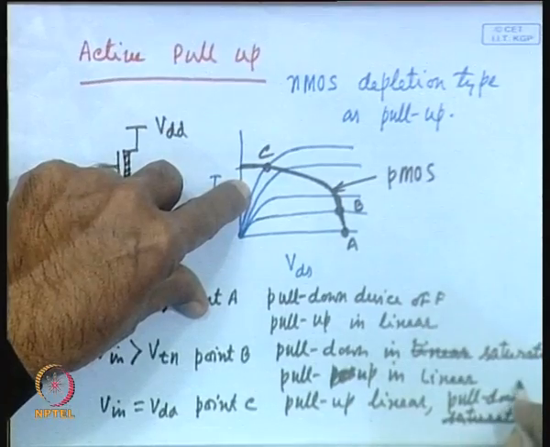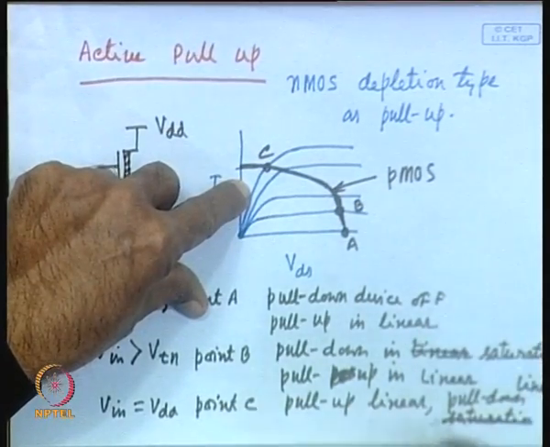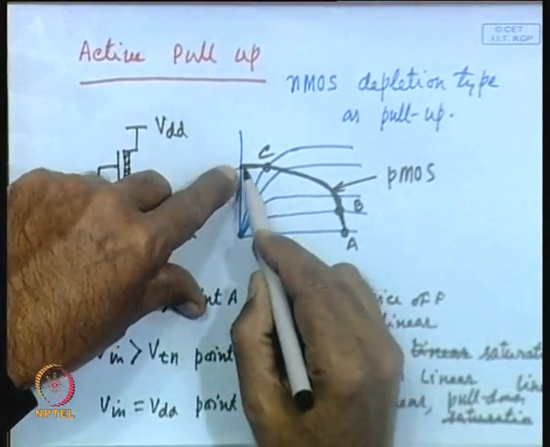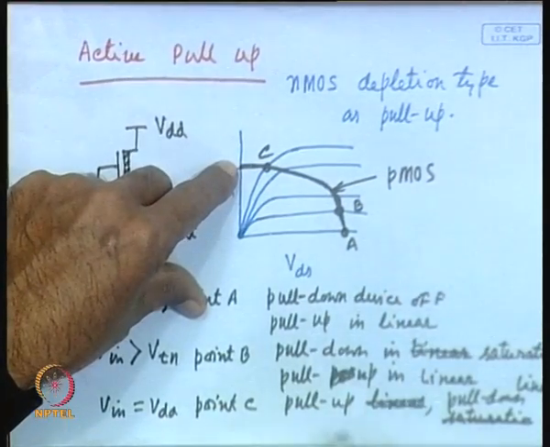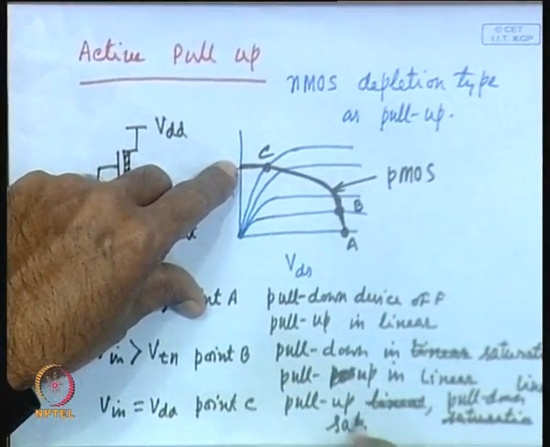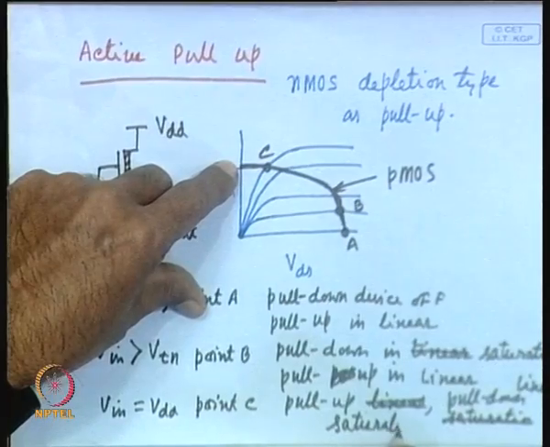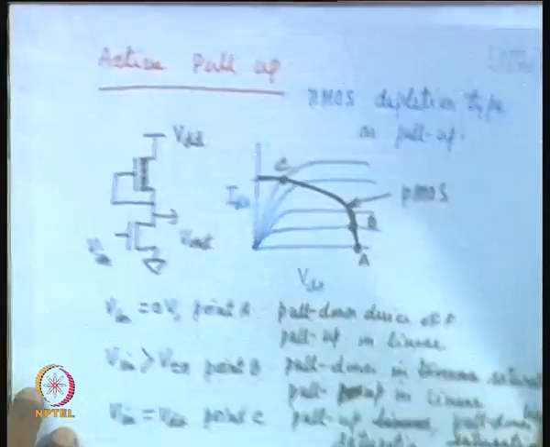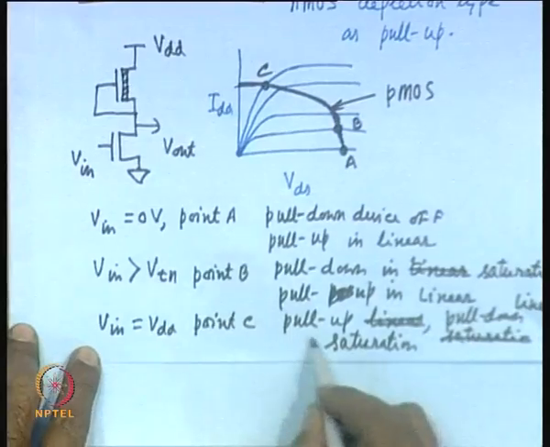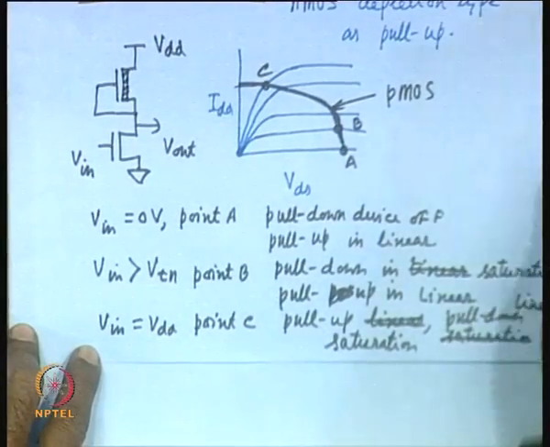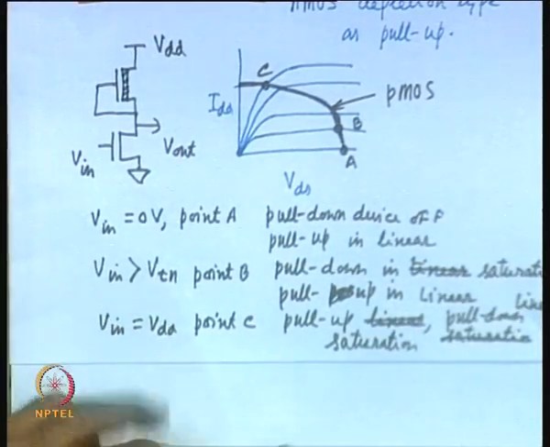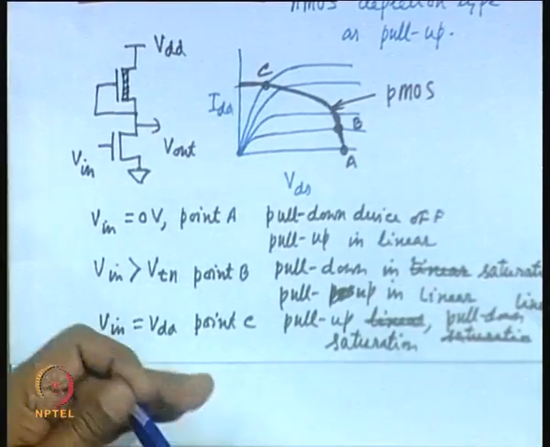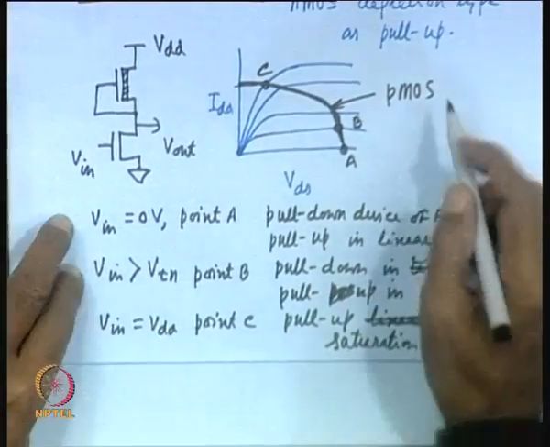Sorry, it will be linear, and pull up, this is the pull up in saturation. I have written wrongly. Okay. Pull up in saturation, pull down in linear. Okay. So, based on this we can draw the transfer characteristic as well.